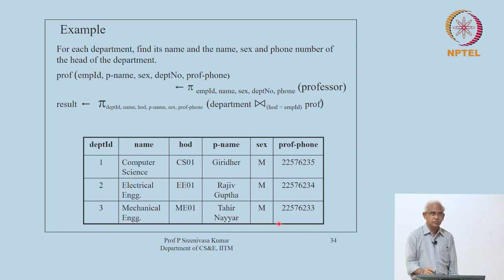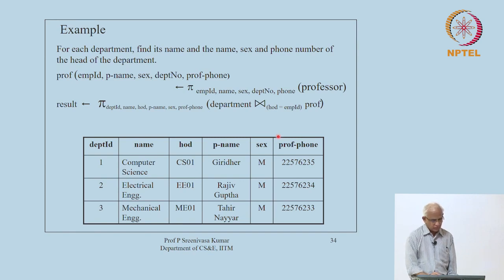If we do not have the join operation, then we just have to do a cross product and get all possible combinations of department and prof, followed by a selection condition. That is how we would have done it without the join operation. The join simplifies the expression.